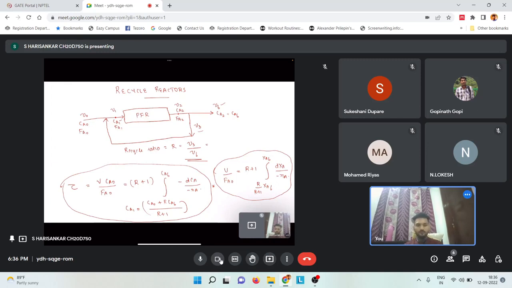For more than 1.5 classes, we have been looking into a few of these concepts related to CRE, the basics of reactions and reactors. It's high time we move into solving some of the questions from previous year GATE questions. So any doubts regarding this?